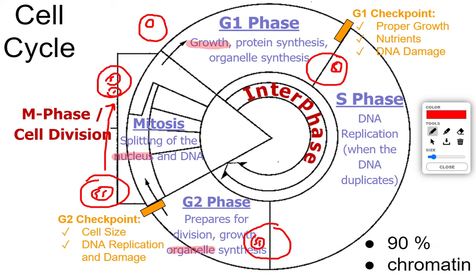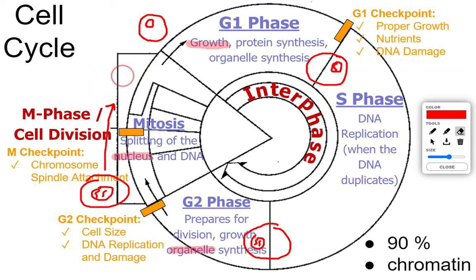That's what happens in mitosis, the splitting of the nucleus. During mitosis, there's also a checkpoint that takes place. It's just making sure that mitosis is taking place correctly. At this point, we have not split the cell yet. We have just one cell, and we have two nuclei in that cell, each with the correct amount of DNA.